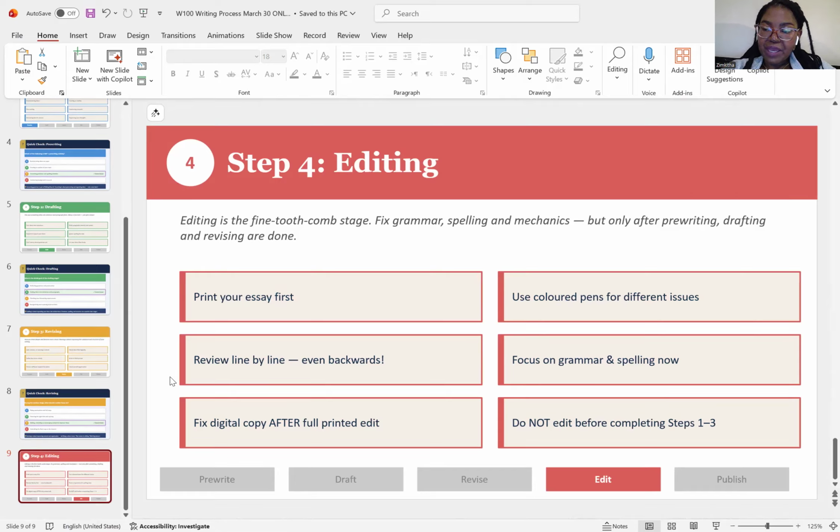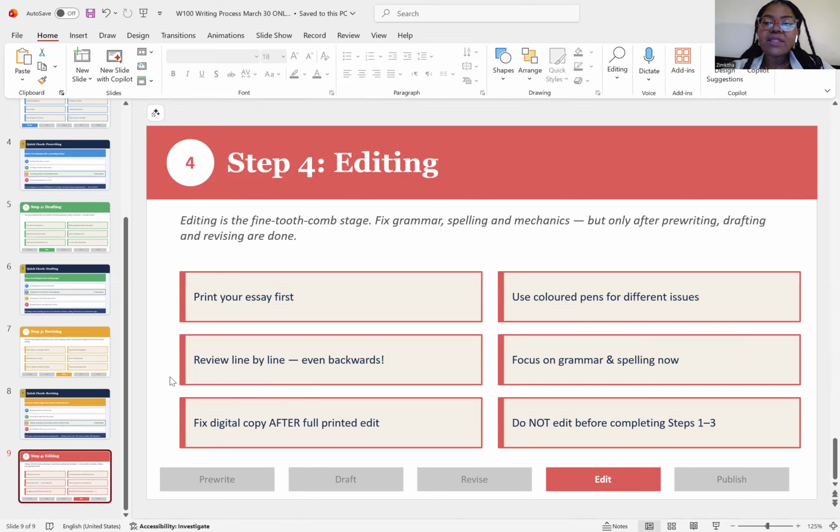So the best thing to do is to print your essay. Start using highlighters and go through each and every single sentence. You focus on grammar and spelling now. You start to look at the types of sentences that you're using. You look at your transition signals and your connecting words. Are ideas actually working out well?